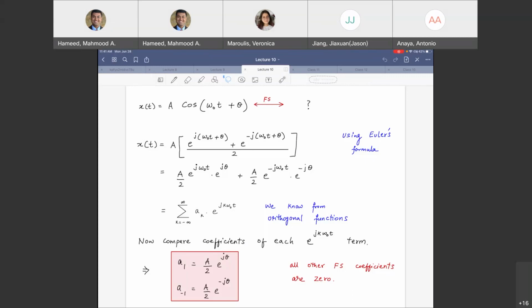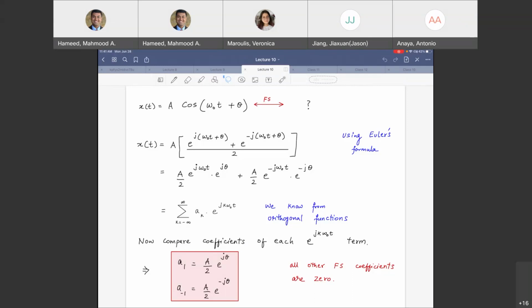the goal of this is to find the Fourier series coefficients of a cosine. How many frequencies does a cosine have? One, right? So whatever you have, you will have it at b sub 1 and b sub minus 1. First harmonic, that's it, right? You will have only one. How about a sine?